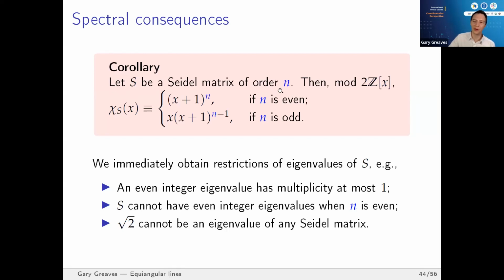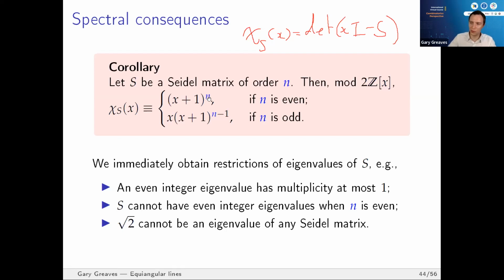So if S is a Seidel matrix of order n, then if we reduce the characteristic polynomial, I'm using chi for this, so this is just the determinant of xI minus S, the characteristic polynomial, we find that it is congruent to this one or this one, depending on whether n is odd or even.